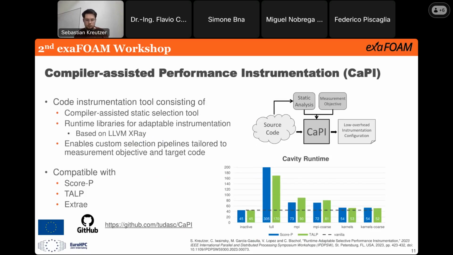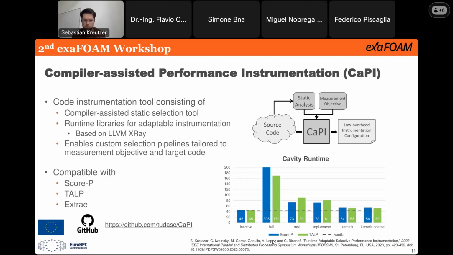And to show some performance results down here. We have first in this plot the inactive instrumentation, which is just the instrumented binary using this LLVM XRay approach, but doing no measurements, and there's hardly any overhead at all.